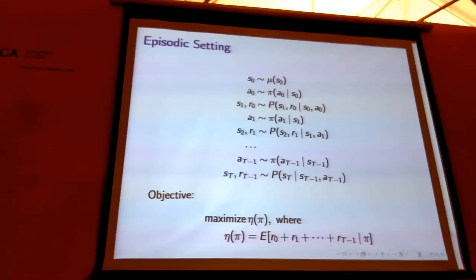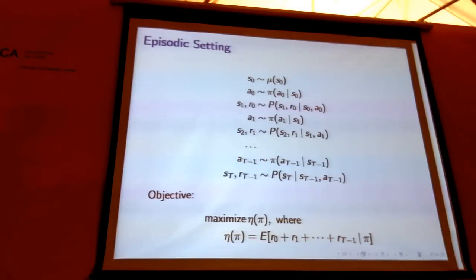Here's what this all looks like mathematically. We sample our first state, then we sample our first action given the first state, then we have a transition, next state and first reward. Then we sample the next action, next transition, then the last action, and then finally we reach this state called S sub t, which just so happens to be a terminal state, meaning the episode is done.